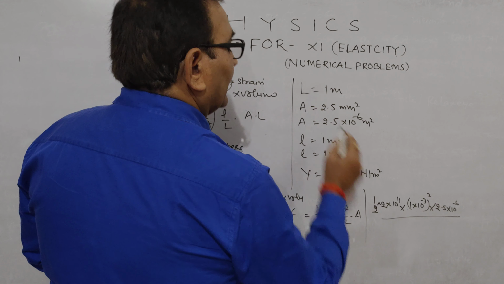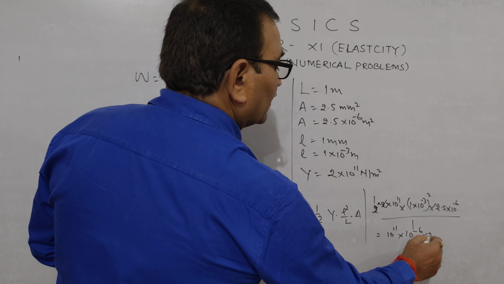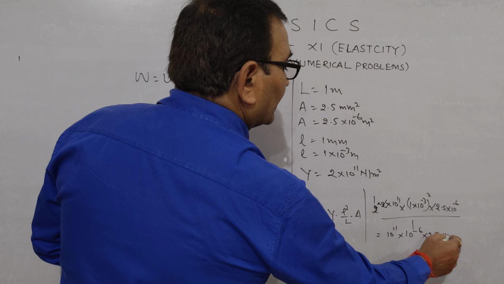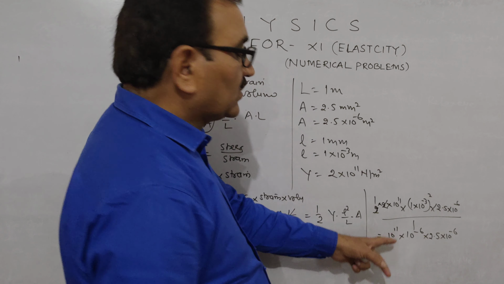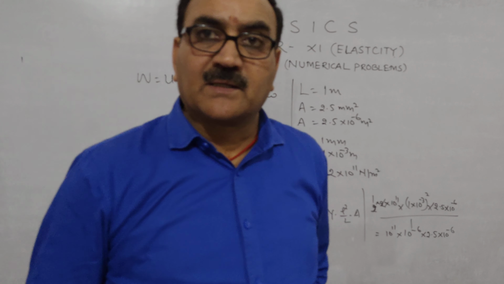So this 2 and 2 cancel out. So you have 10 to the power 11, 10 to the power minus 6 into 2.5 into 10 to the power minus 6. So very easily you can calculate the energy stored in the wire.